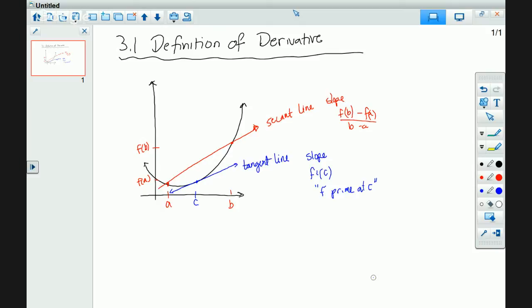We're going to get interrupted, so. Wait, f prime of c, so the slope is just whatever that c is? The slope is whatever the derivative at c is. Oh. So we have to figure out what the derivative is.